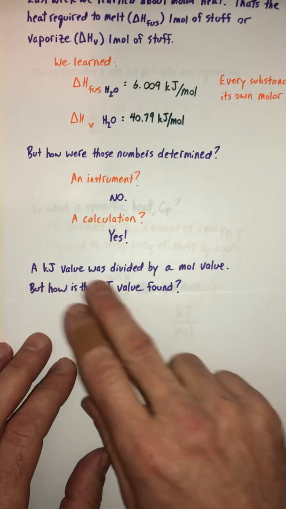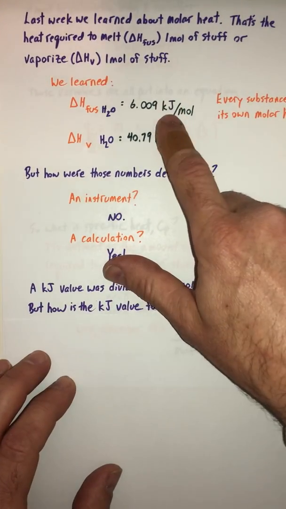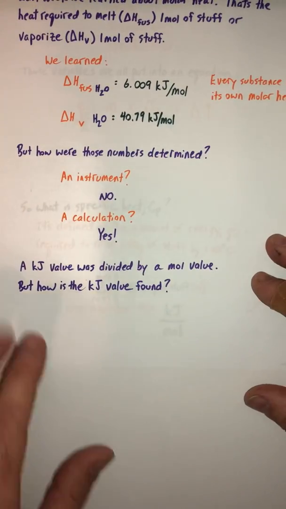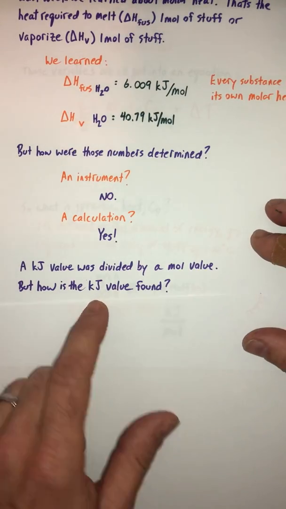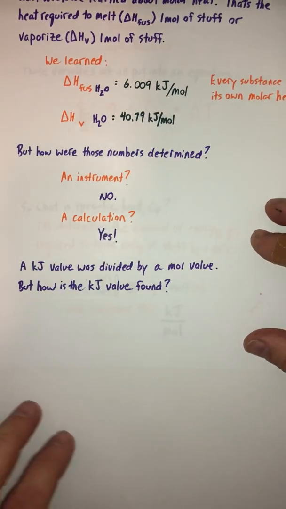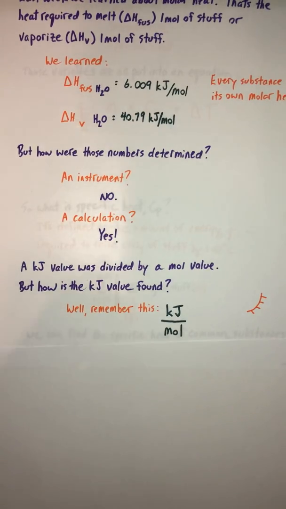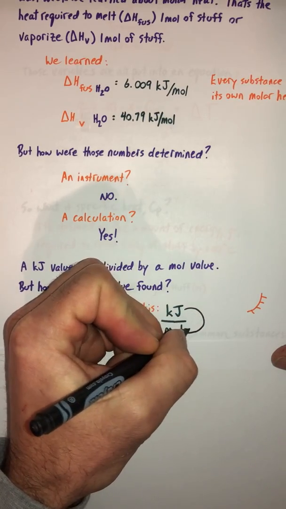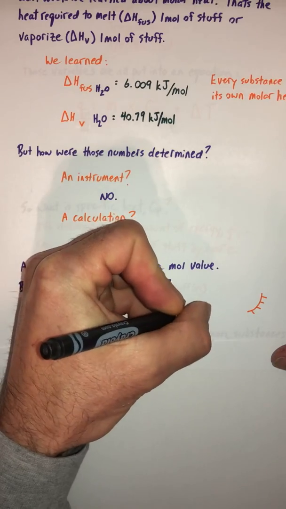So there was a kilojoule value that was divided by a mole value. That's why we have these units here. So how was that kilojoule value actually determined? So it wasn't with an instrument, that was with a calculation as well. So remember this, that energy flows out of one substance and into another substance.